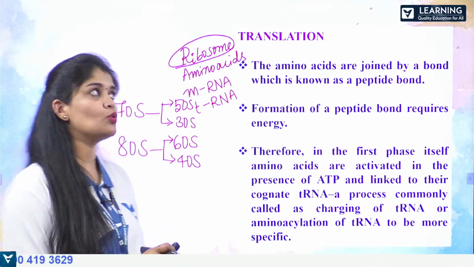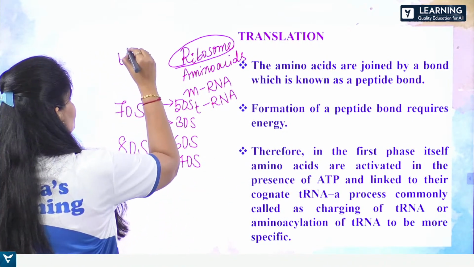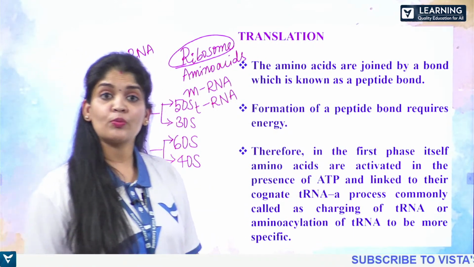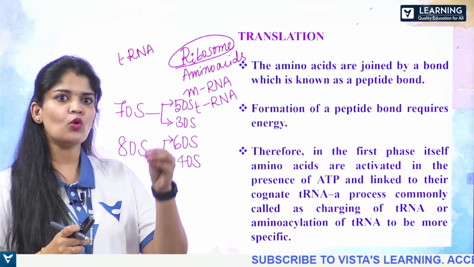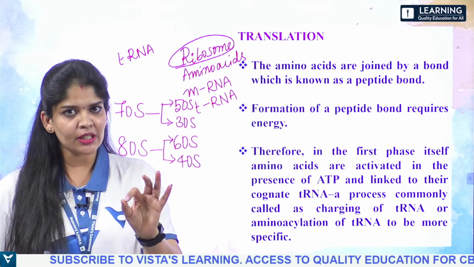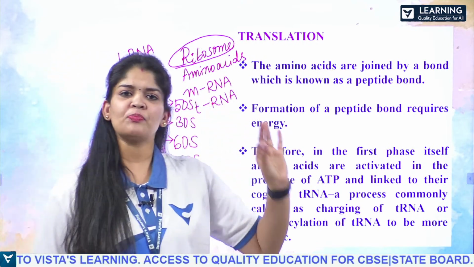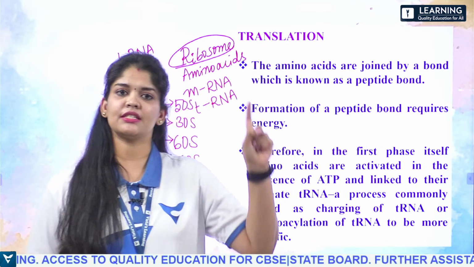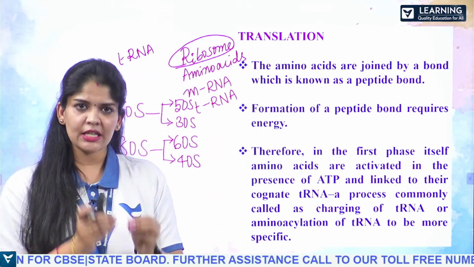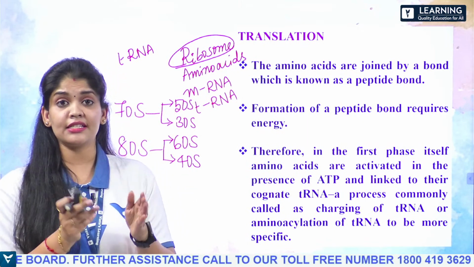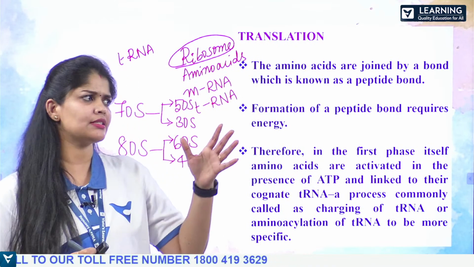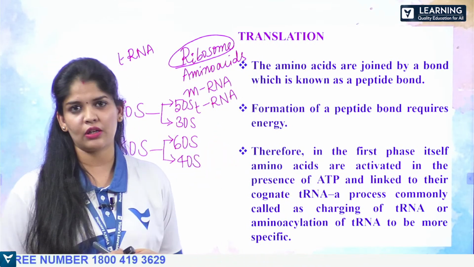Then we already know that tRNA, based upon the anticodon, can read the codons present on the mRNA, and it will bind to a specific amino acid. That means the charged, activated amino acids will associate with a corresponding tRNA, and all this will happen before the actual process of protein synthesis. We can say that these are all prerequisites.